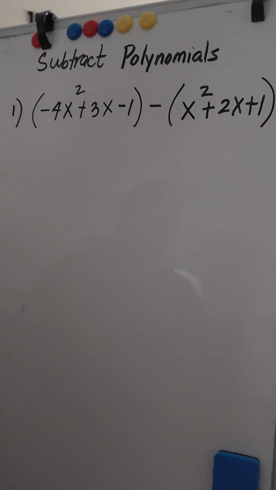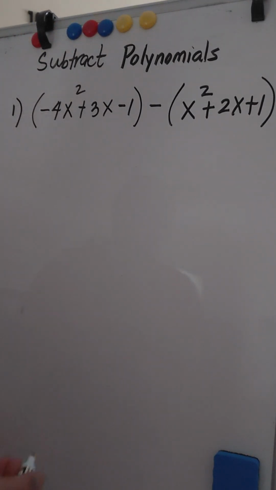Okay, now it's the same steps, the same way we do adding polynomials. It differs only in the operation, subtraction, but there's a little additional condition on how you're going to do it.